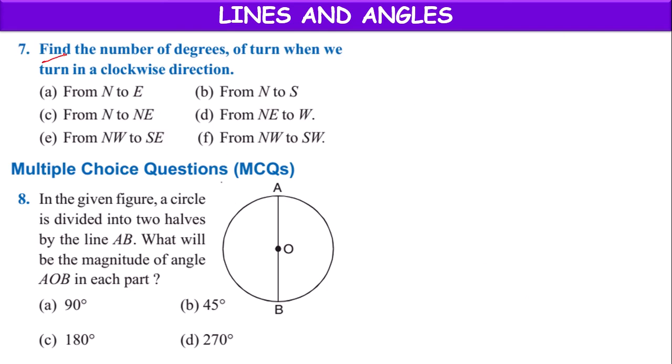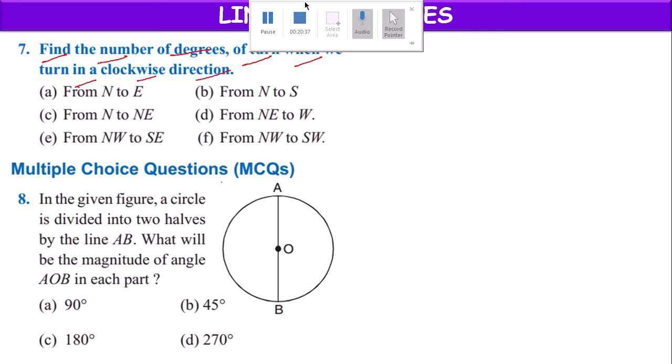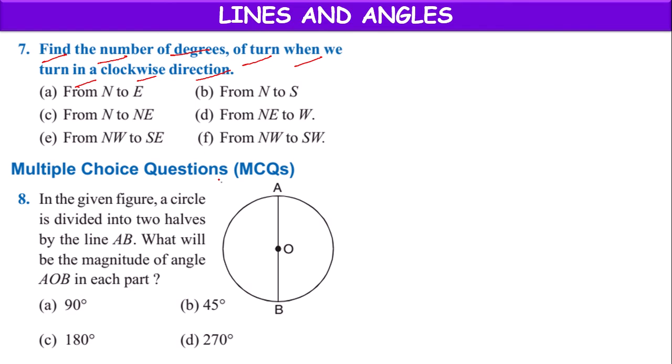Next one. Find the number of degrees of turn when we turn in the clockwise direction. So here, from north to east. This is the north, east, south, west.